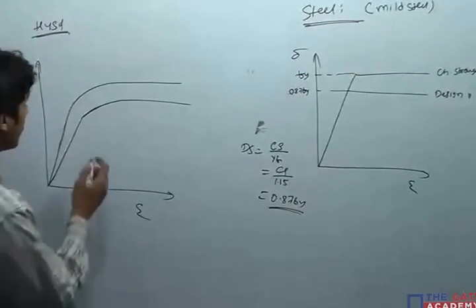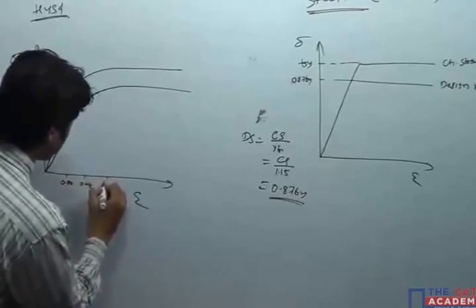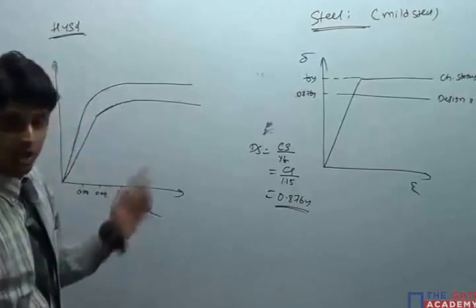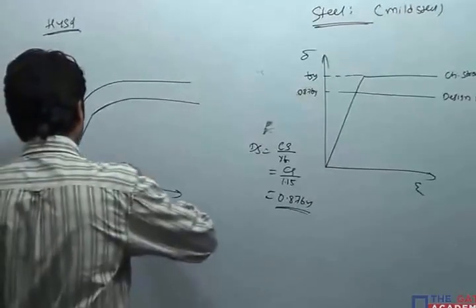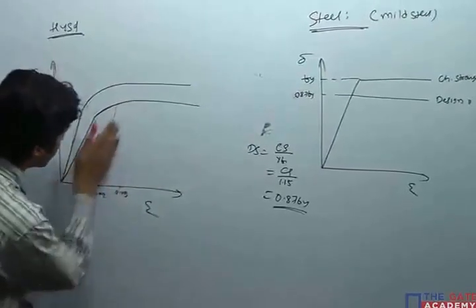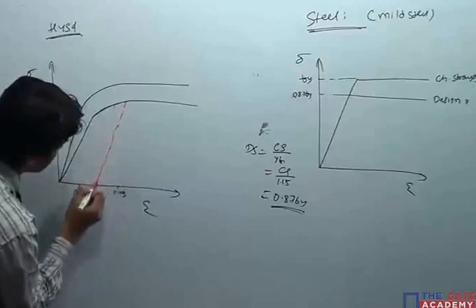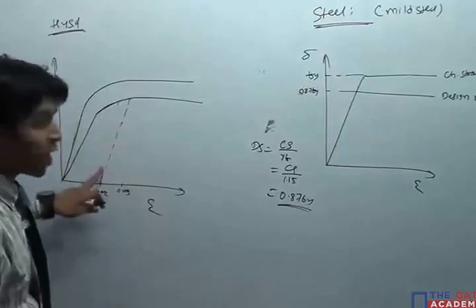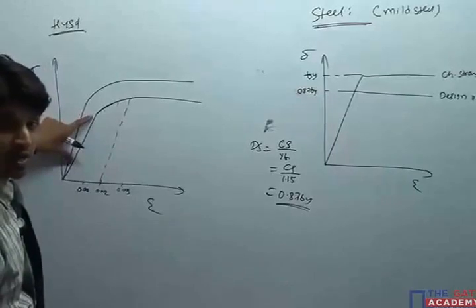For that, whenever you find a stress strain curve which does not have a yield point, you will take the proof stress. Proof stress is nothing but this: at 0.2% of the strain, you will draw a line parallel to the initial part of the stress strain curve.